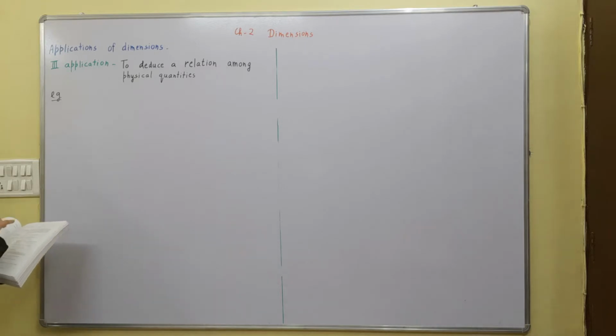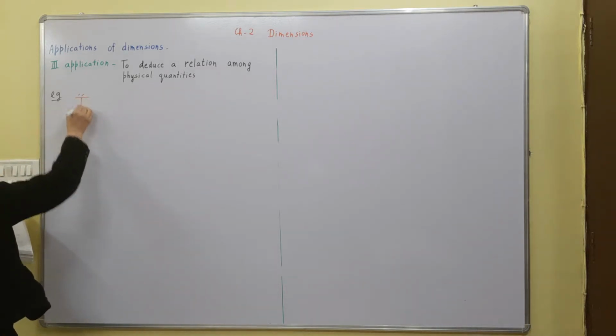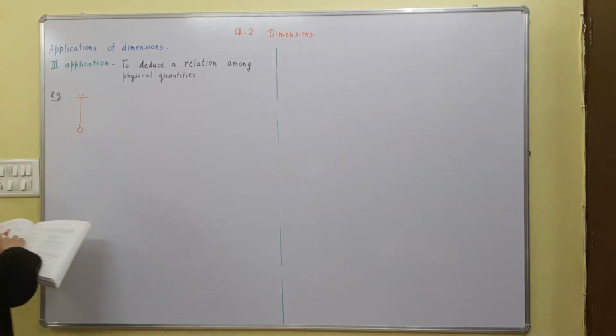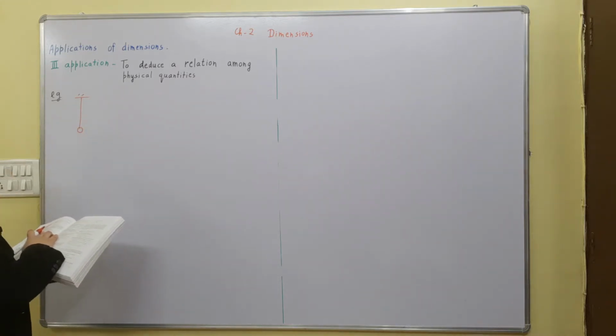Consider a simple pendulum having a bob attached to a string that oscillates under the action of force of gravity.